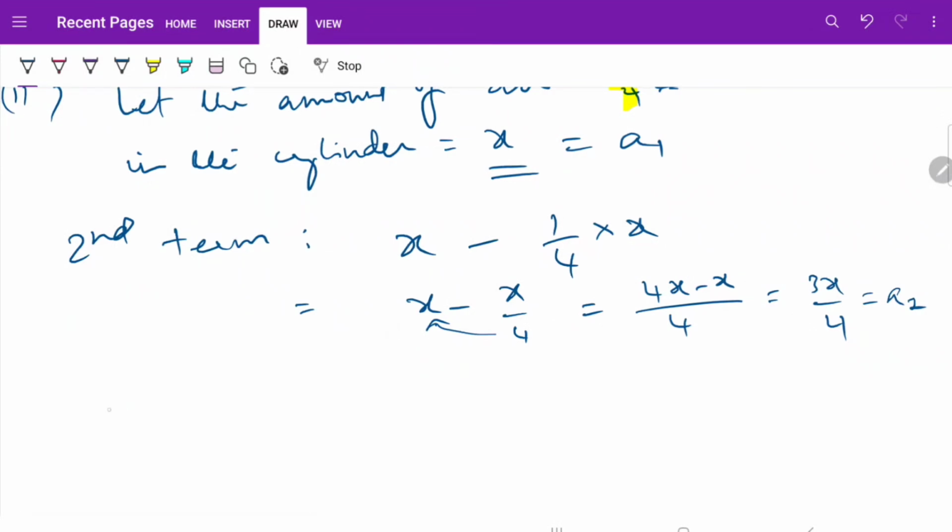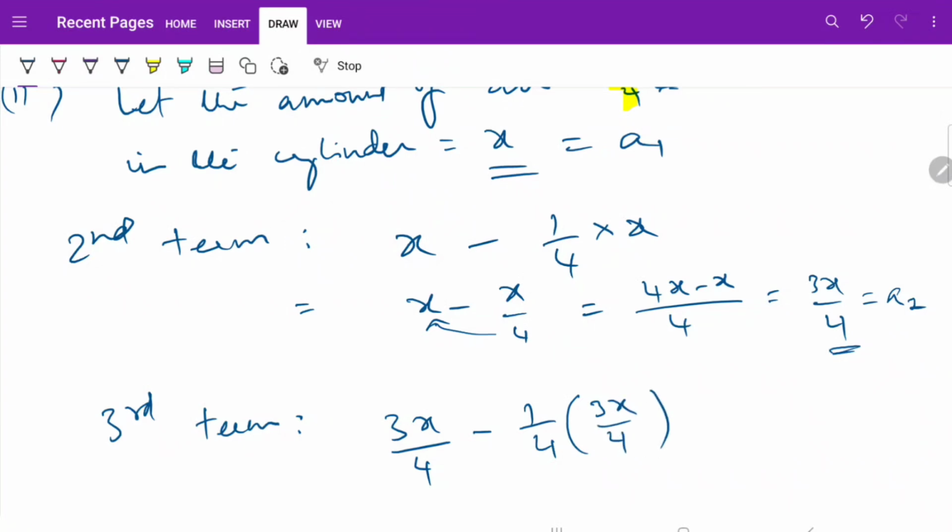Now, what about the third term? From 3x by 4, which is available now, we have to remove 1/4 of 3x by 4, right?